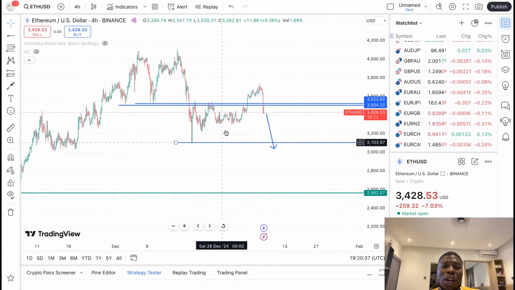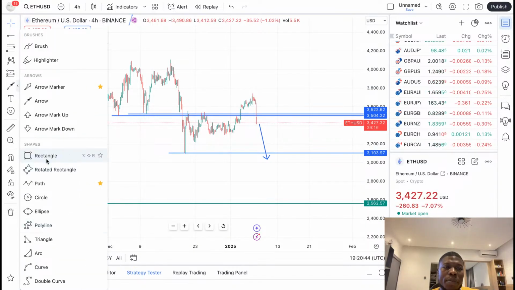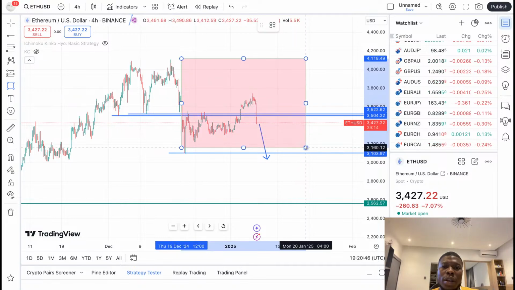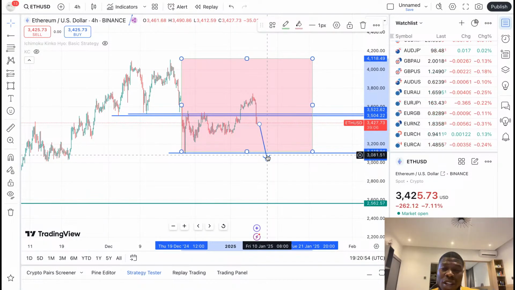Right now, the ranging area in this market is still from here to here. So if we go below this area, Ethereum will go fully into a downtrend. Right now, there are chances of Ethereum reclaiming and making another high.